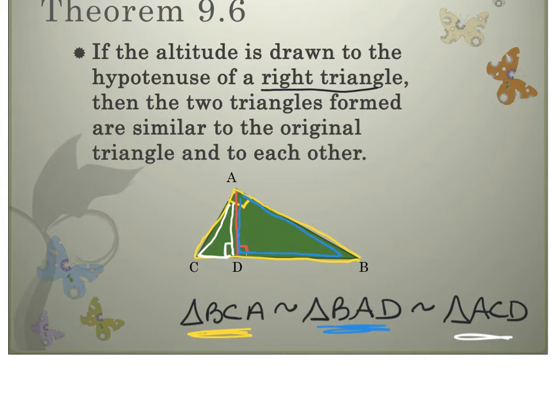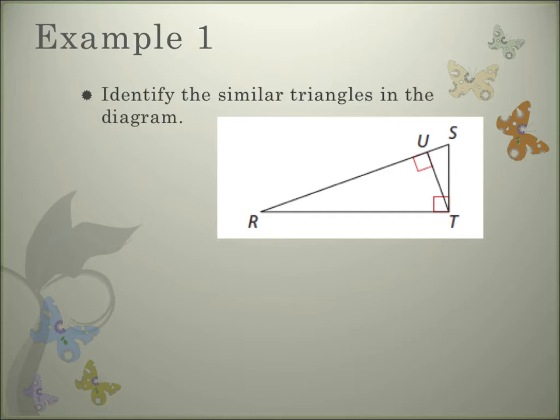All right, let's look at the second example here. So here is my original large right triangle. This is the original one, and I can go ahead and redraw it here. This is the original large one, STR.